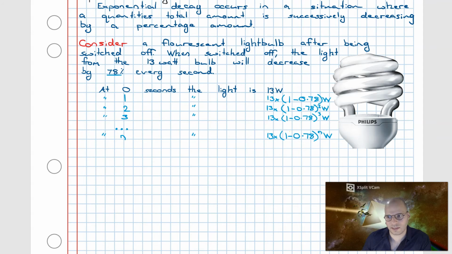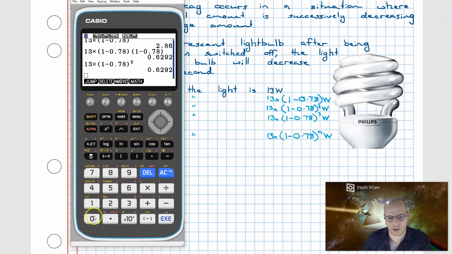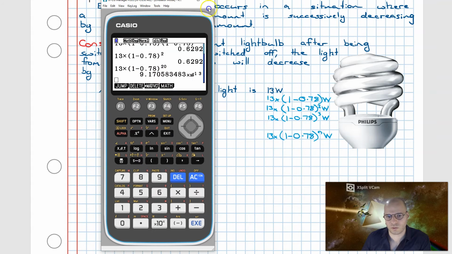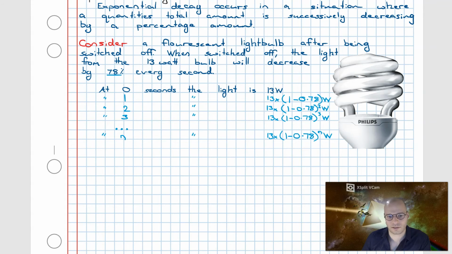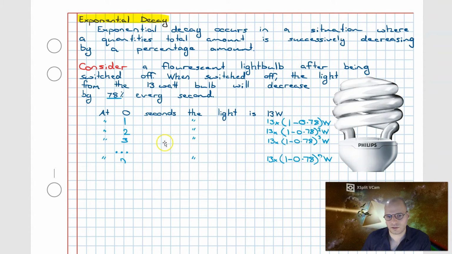In the case that n is rather large, so if we raise n to say something like 20 seconds, what you're going to see is it's basically 0. There's a value in there, but it's so close to 0 we wouldn't even be able to detect it with our eyes. So what we've got over here is a phenomenon known as exponential decay.